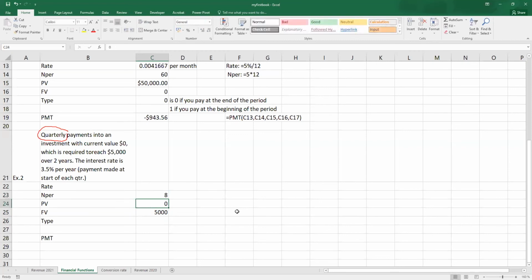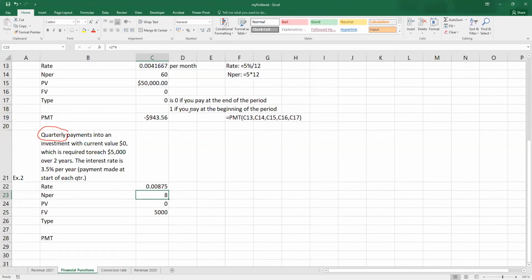After that, the interest rate is 3.5% per year, so you have to convert the rate to be the rate per quarter as well. When you would like to change it to a quarterly basis, as you know in 1 year we have 4 quarters, you have to divide the rate by 4 to get the quarterly rate. Lastly, payment is made at the start of each quarter.